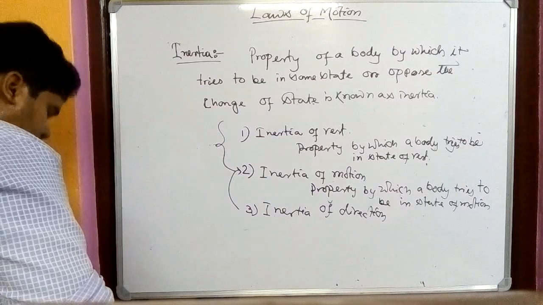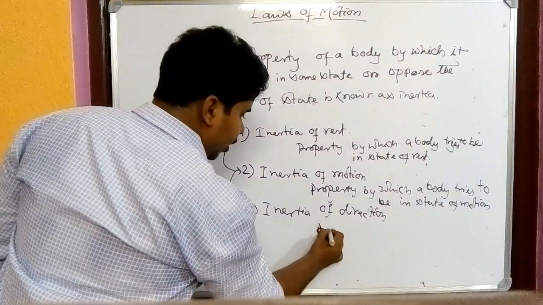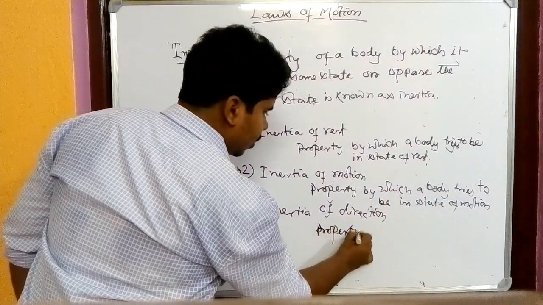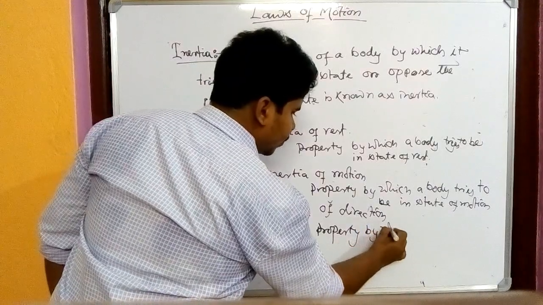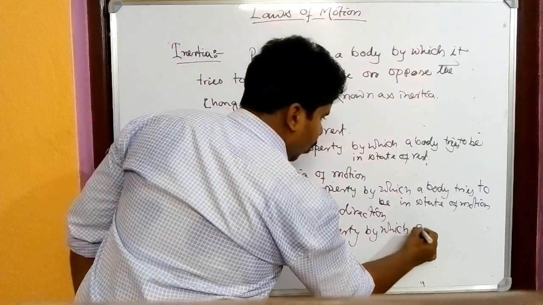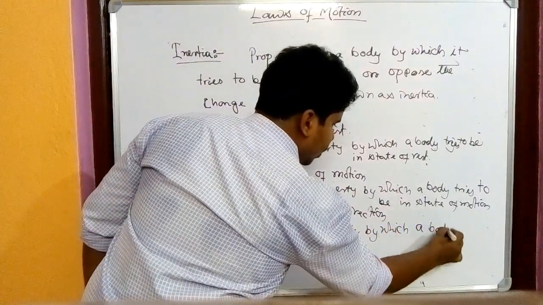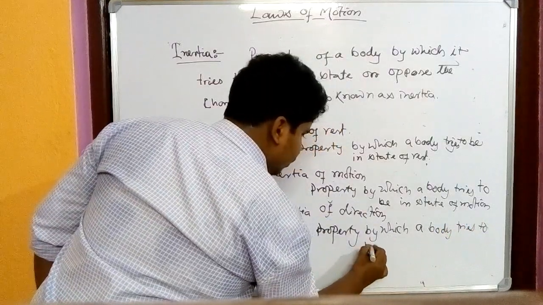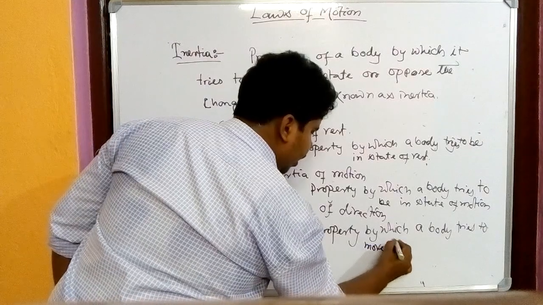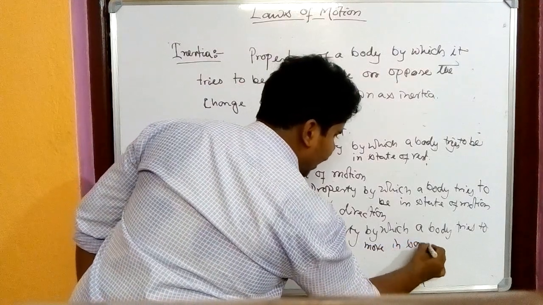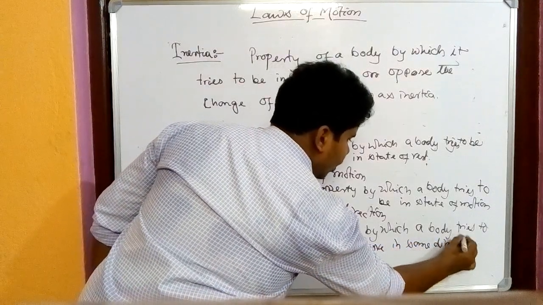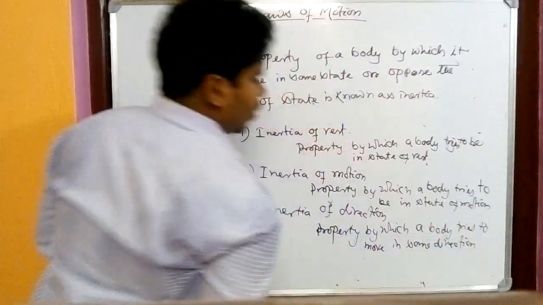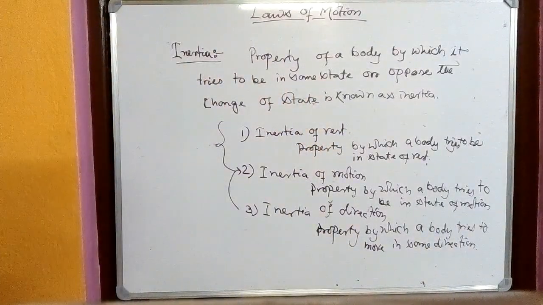What is inertia of direction? It is a property by which a body tries to move in the same direction. That is known as inertia of direction.